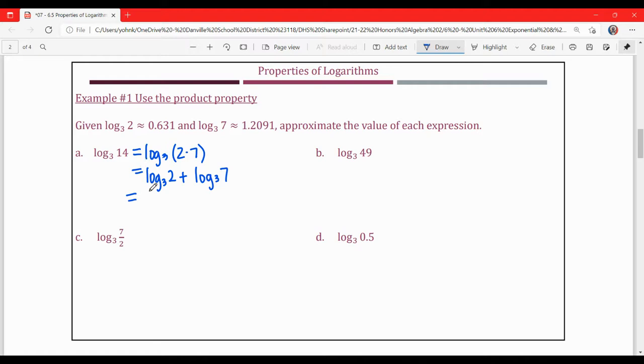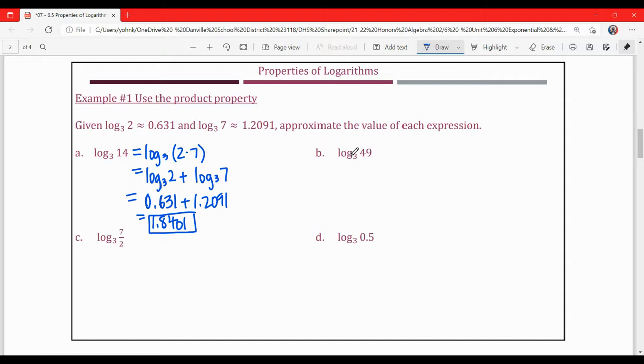So now I substitute what log base 3 of 2 is, which is 0.631, and what log base 3 of 7 is, which is 1.2091, and I add them together, and I get 1.8401. So we're taking what we know and substituting it in for the expressions.